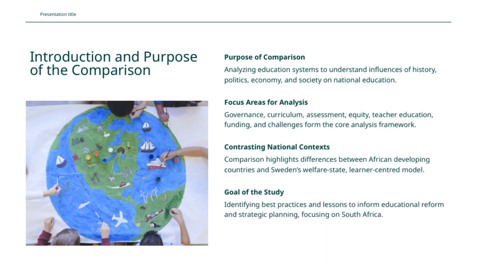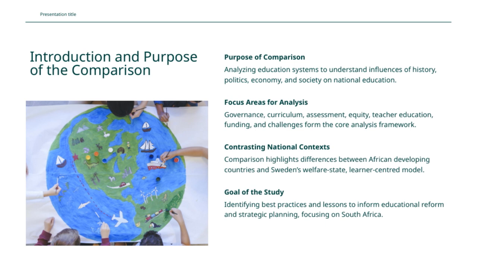Our comparison particularly highlights the differences between African developing countries and Sweden's welfare state model, which is very learner-centered. This contrast helps us see what approaches work best in different contexts and what lessons might be adapted to improve educational outcomes elsewhere.